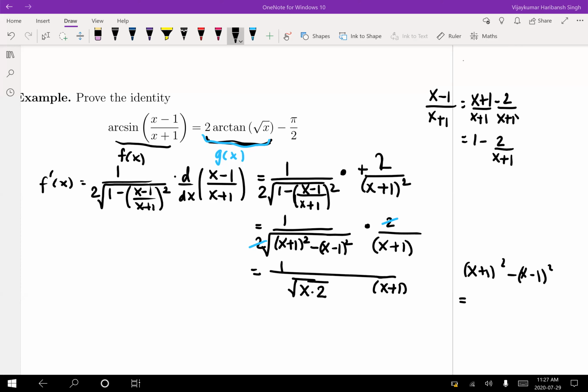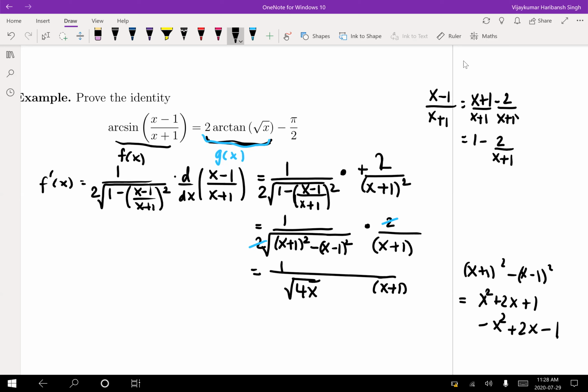So that is going to be x squared plus 2x plus 1 minus x squared plus 2x minus 1. When you cancel them out, you'll be left with 4x. So the answer would be square root of 4x.